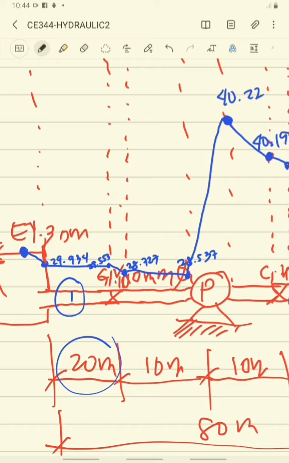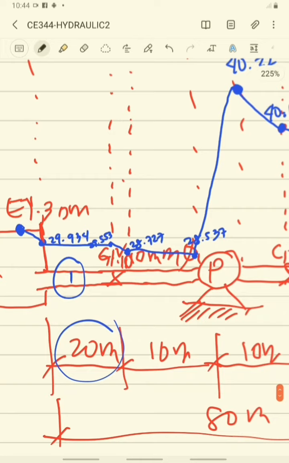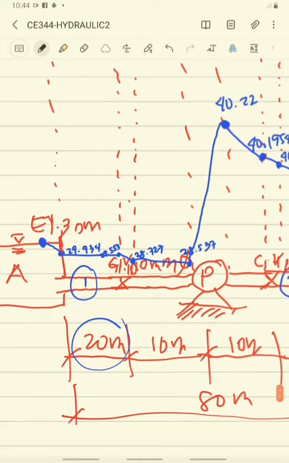When you say the hydraulic grade line, that is equal to elevation head plus the pressure head. The line is just the points connected, the line connecting all the head. So we have to check, no.